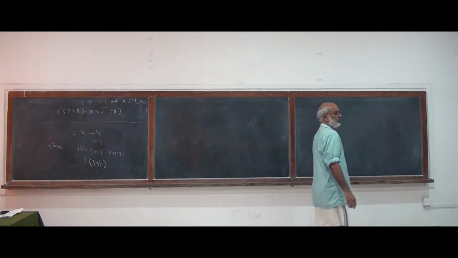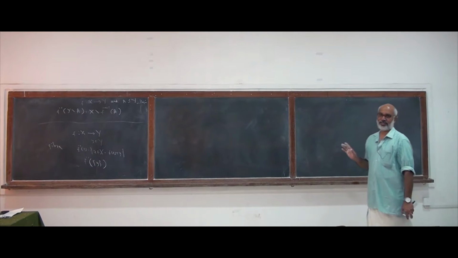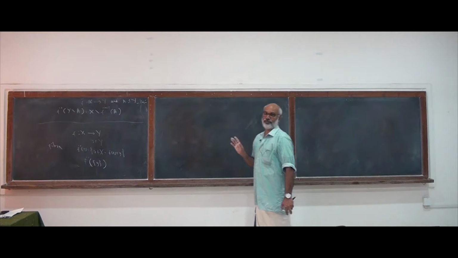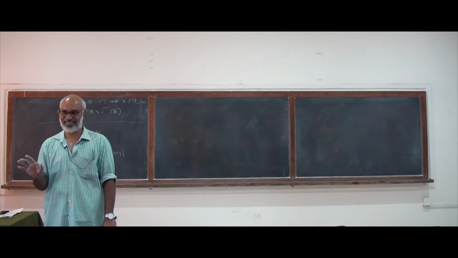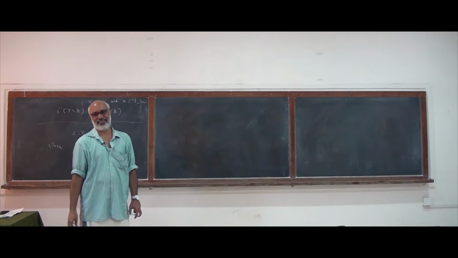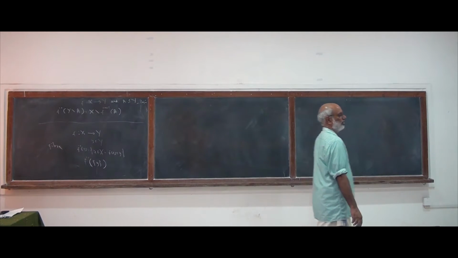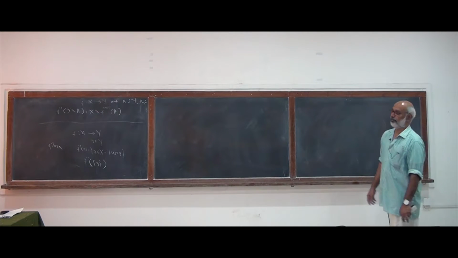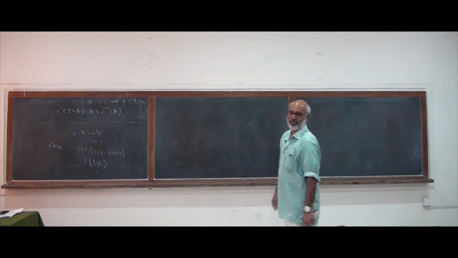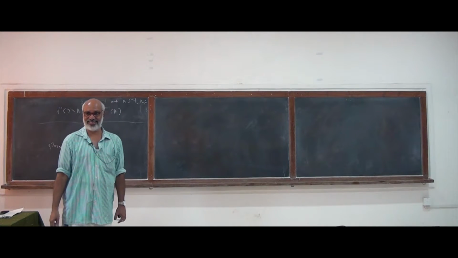When we defined union, intersection, etc., I was considering only unions of two sets, intersections of two sets, A and B. But we have seen that both the operations of union and intersection are associative and commutative.